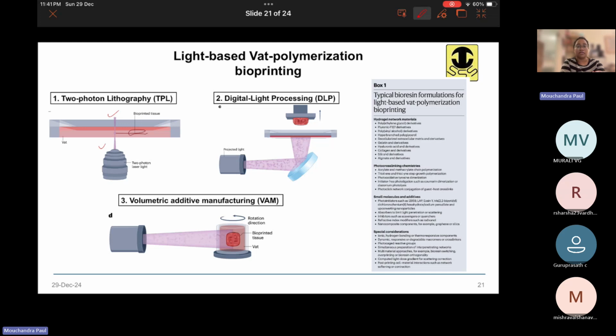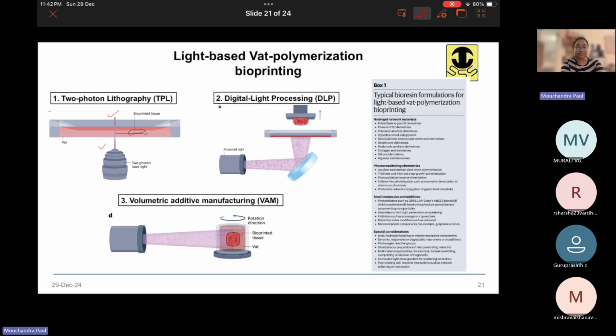Then due to the movement of the build platform within the vat, another layer of bioresin gets exposed with the next layer of the CAD model, and accordingly it will get cross-linked. In this way, you can do the printing process in a layer by layer fashion by using a single layer of light.